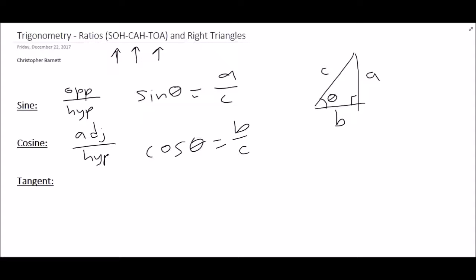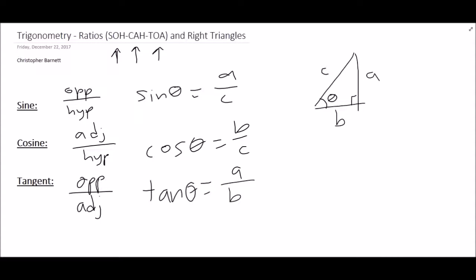Finally, we have this thing called tangent. And tangent is sort of a combination of the two. Now, I shouldn't say combination, but you'll see in a second. Tangent is simply opposite over adjacent. So, in our case, if we had tangent theta, that would be A over B, right?